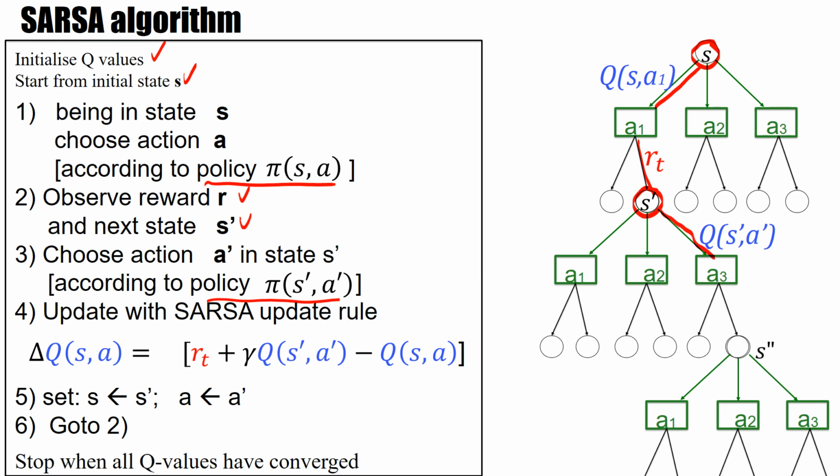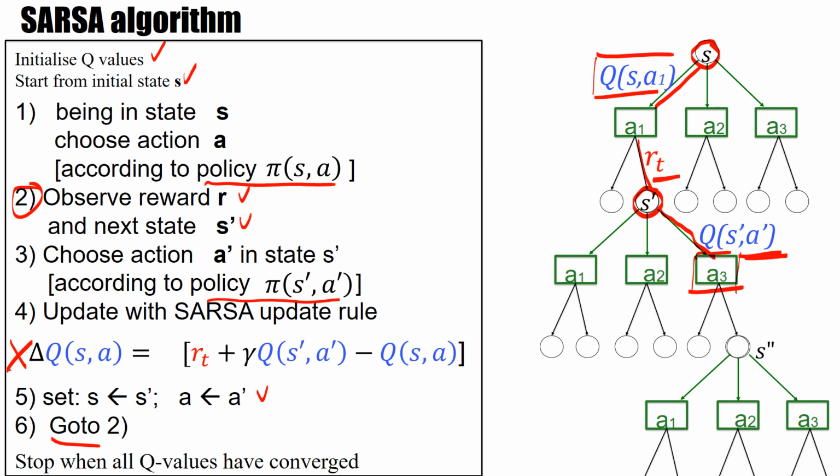Say it's action A3. And once you have chosen this action, you have all the information to update with the SARSA rule, where you need the Q value at S prime, A prime, you need the reward R, and you need Q. So now you can update the Q value up here, Q of S and action A. Then you rename your variables and you go back to step 2.